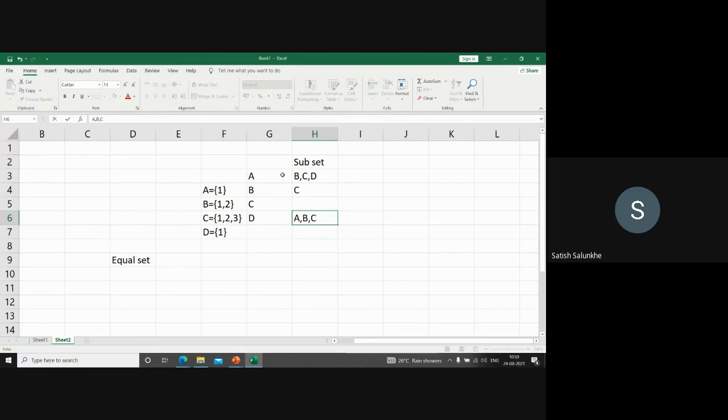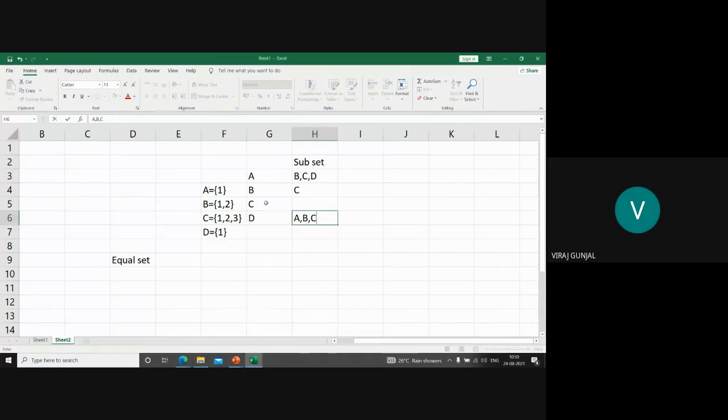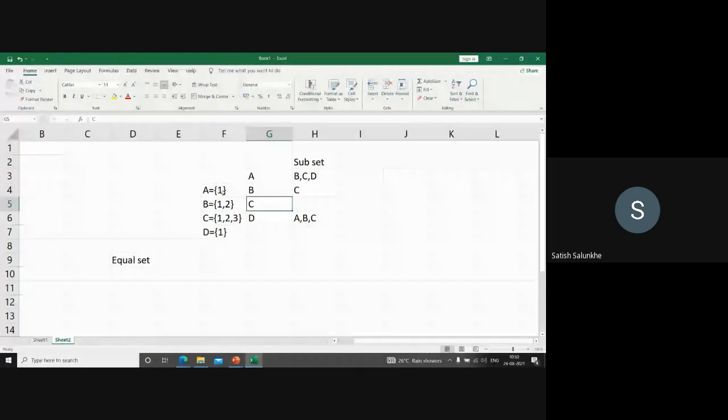Okay. I am asking a question. C will be a subset of C also, right? Yeah, that is what I want to know. Let us go by A only. Is set A a subset of set A?